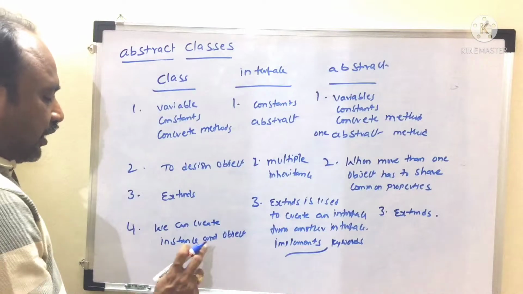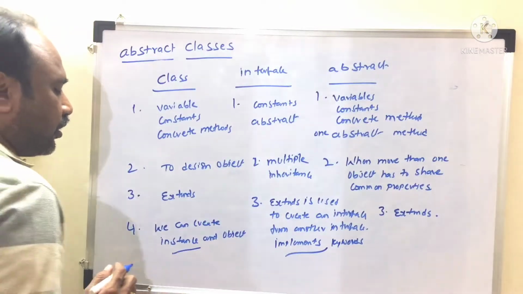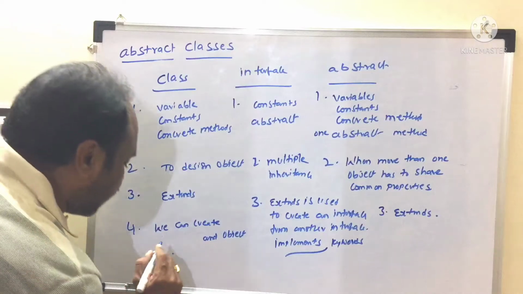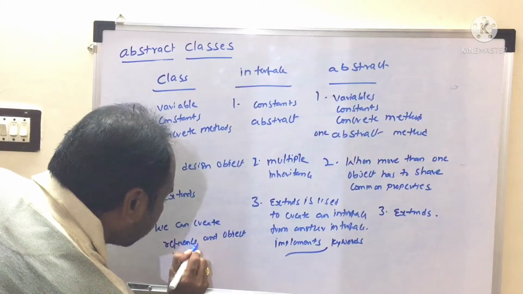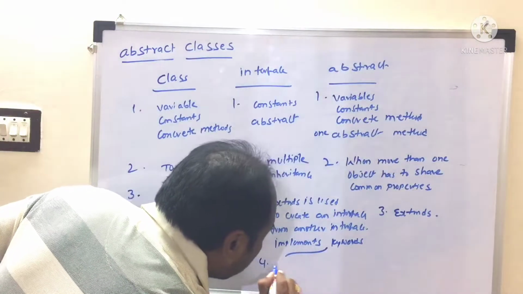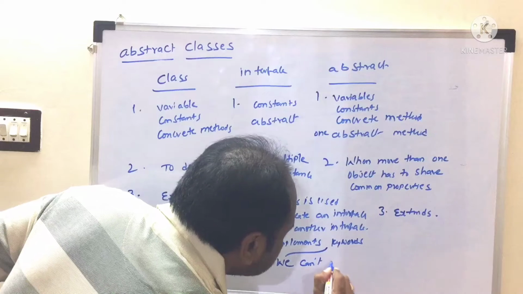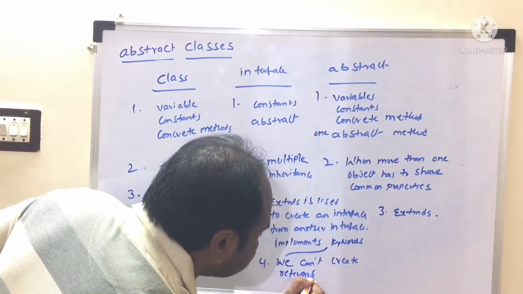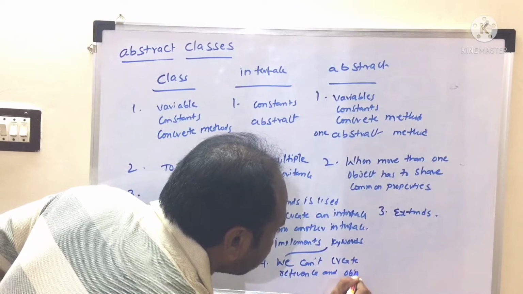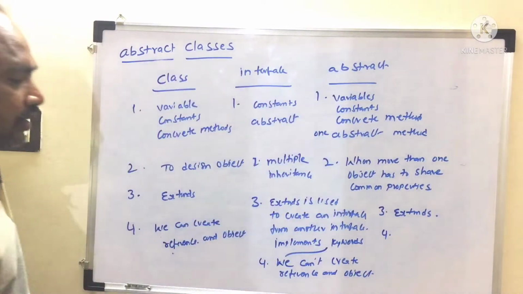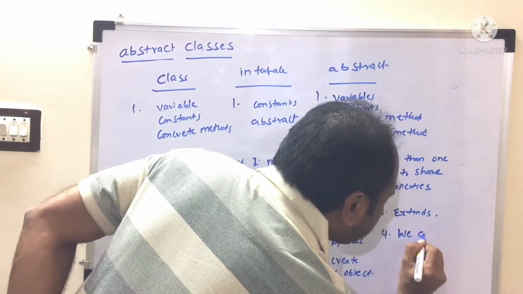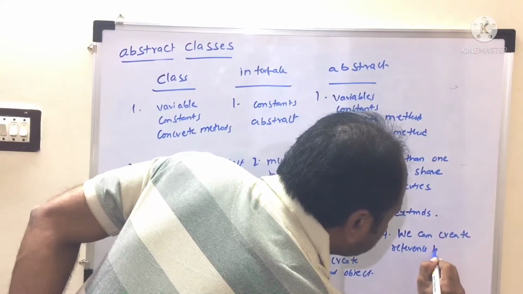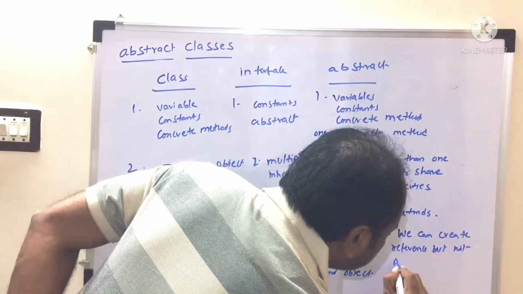Sorry, instance and object both are the same. In a class, we can create a reference and object. In an interface, we cannot create an object, we can create a reference but not an object.